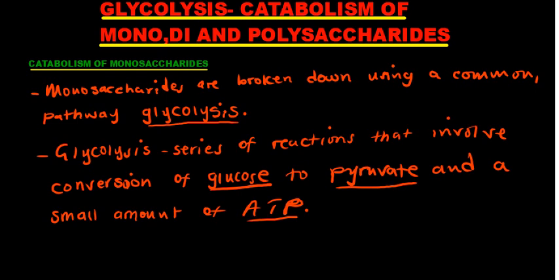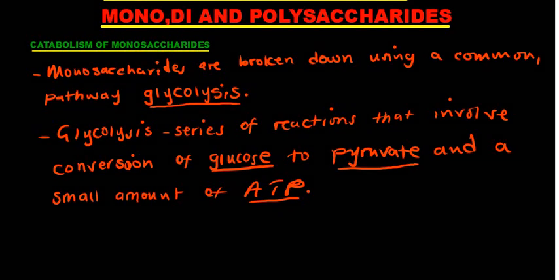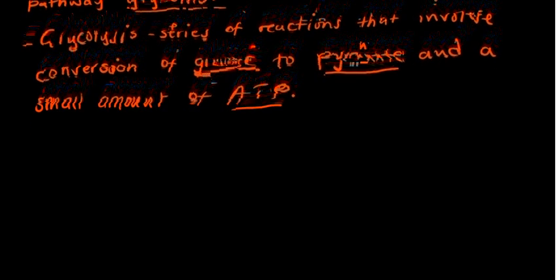So glycolysis is just a series of reactions that convert glucose to pyruvate and a small amount of ATP.